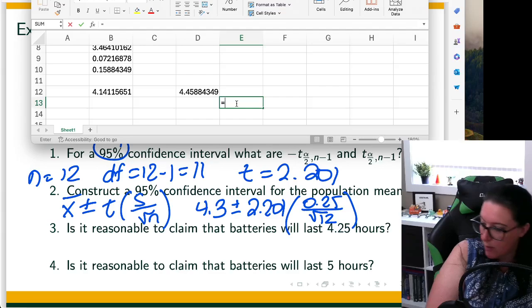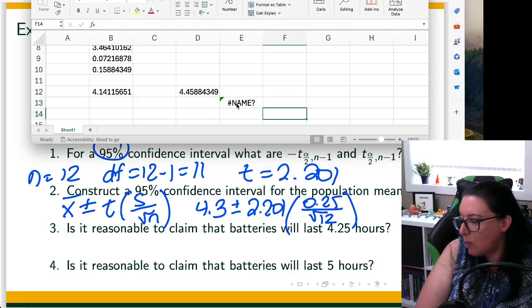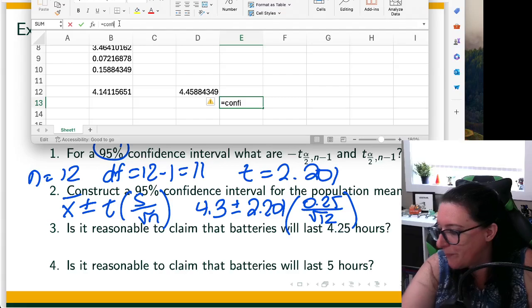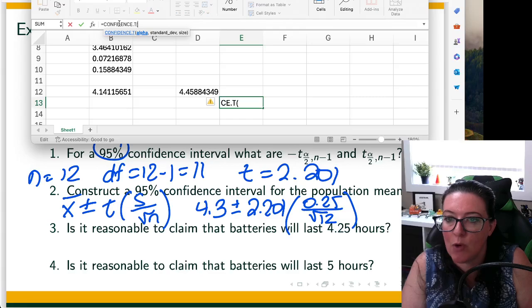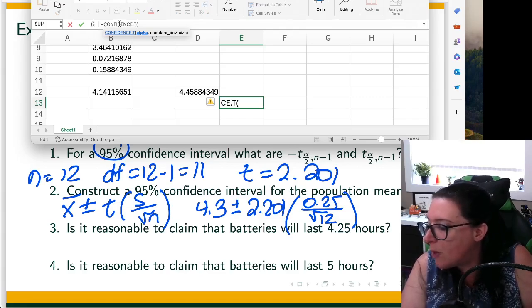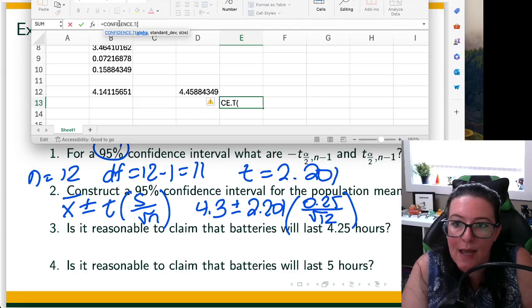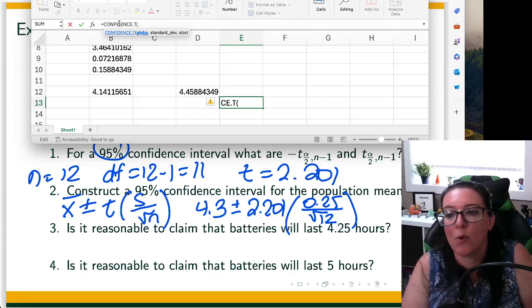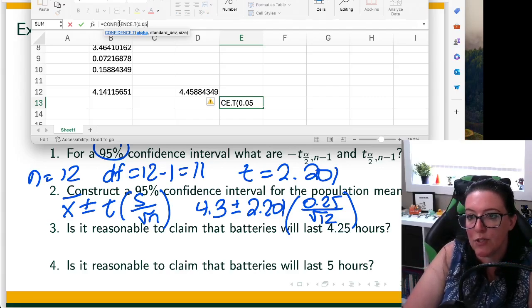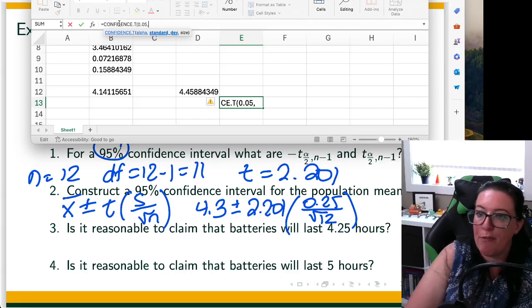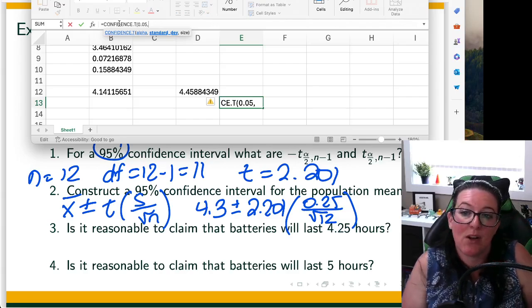We're doing CONFIDENCE.T, so that it will use the t distribution instead of the normal distribution. So it's going to ask for alpha, standard deviation, and size. It knows by being a t that it is going to be the sample standard deviation instead of the population standard deviation. So alpha here is 0.05 because we're doing a 95% confidence interval.